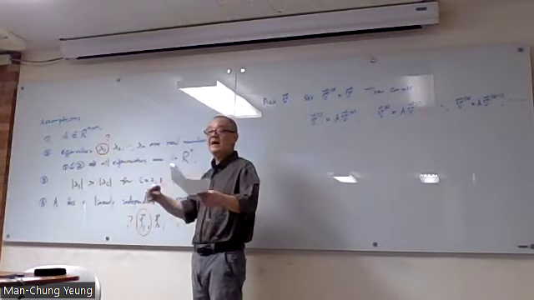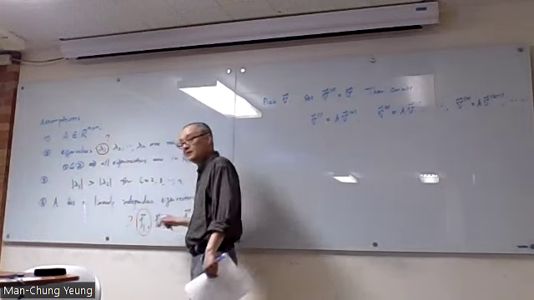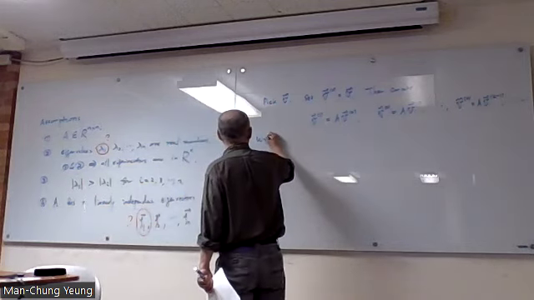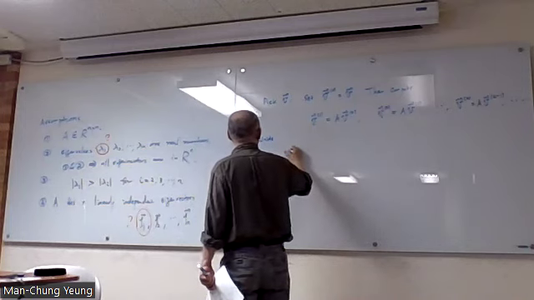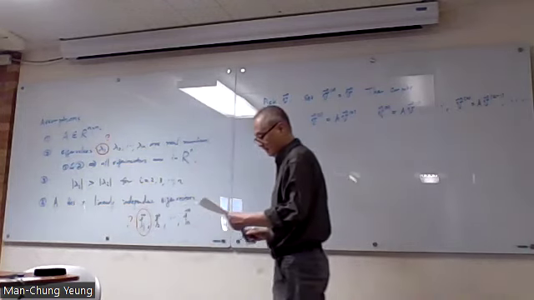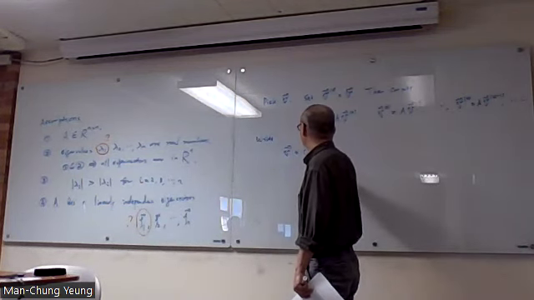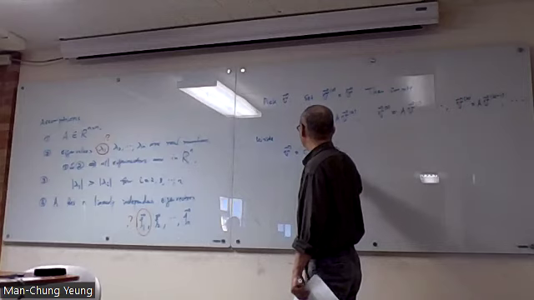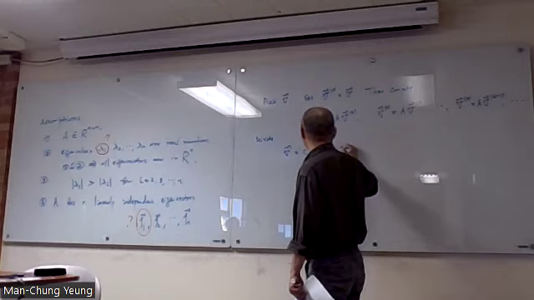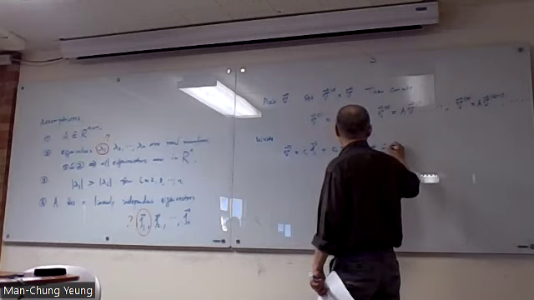What does it mean? Any vector can be written as a linear combination of these vectors. So V is c1 psi 1 plus c2 psi 2, and so on, plus cn psi n.